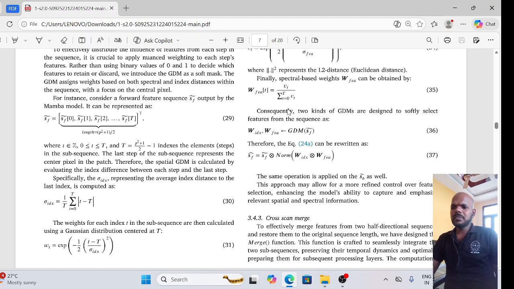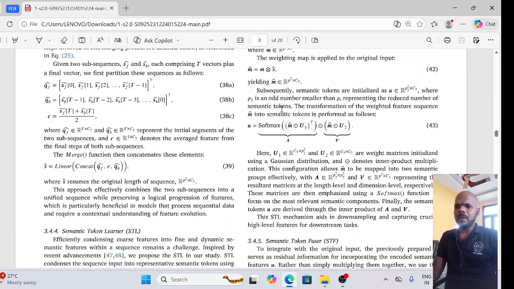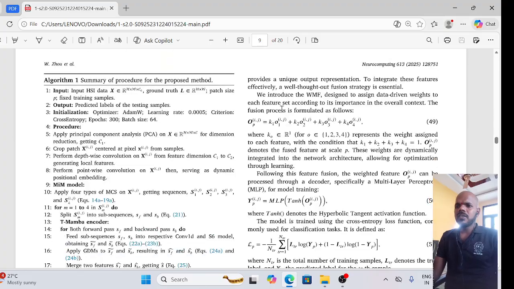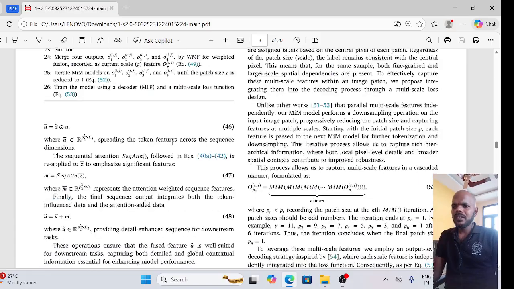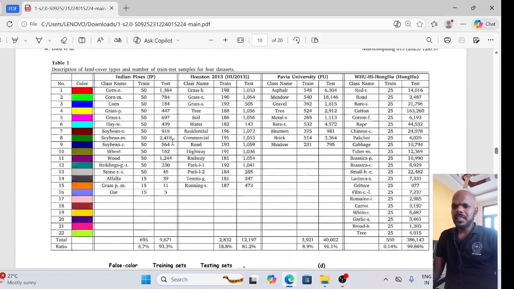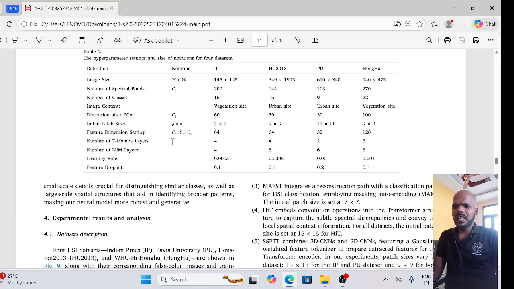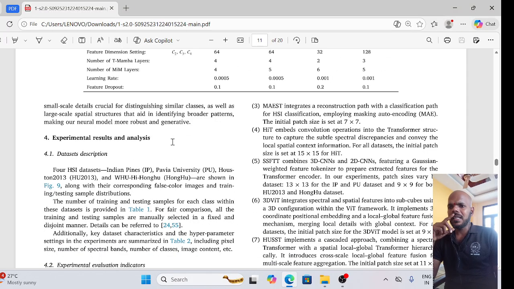If you read these mathematical equations and the network architecture, you will understand thoroughly. Next, you can see a summary of the pseudocode of the proposed model. They present the pseudocode also, like an algorithm, right? Next, after reading the methodology section, you should go for the experimental results and analysis.